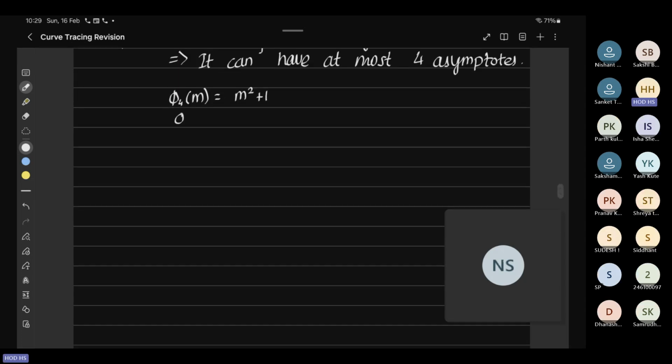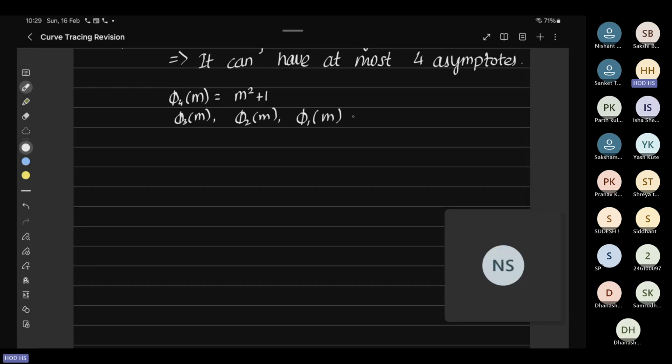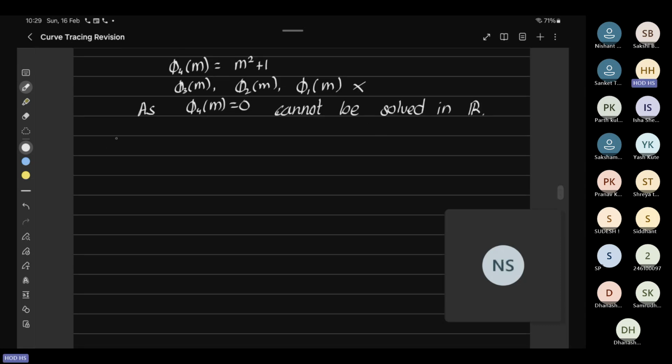So I won't be calculating phi 3 of m, phi 2 of m, and phi 1 of m, as phi 4 of m equal to 0 cannot be solved in R.